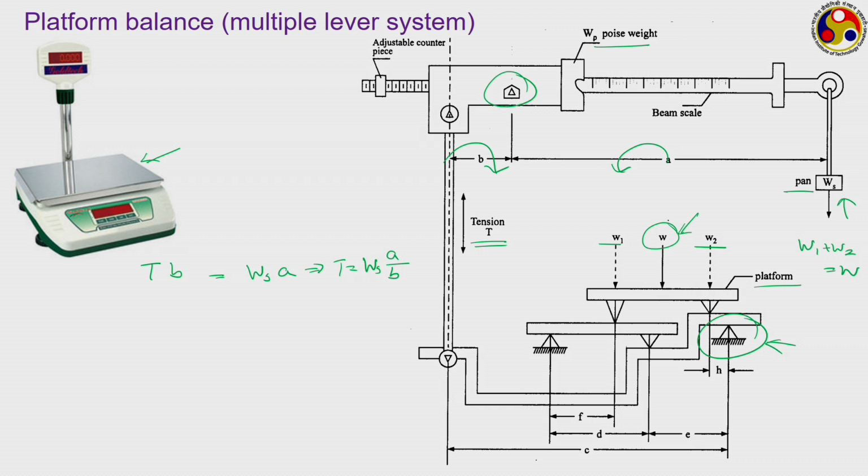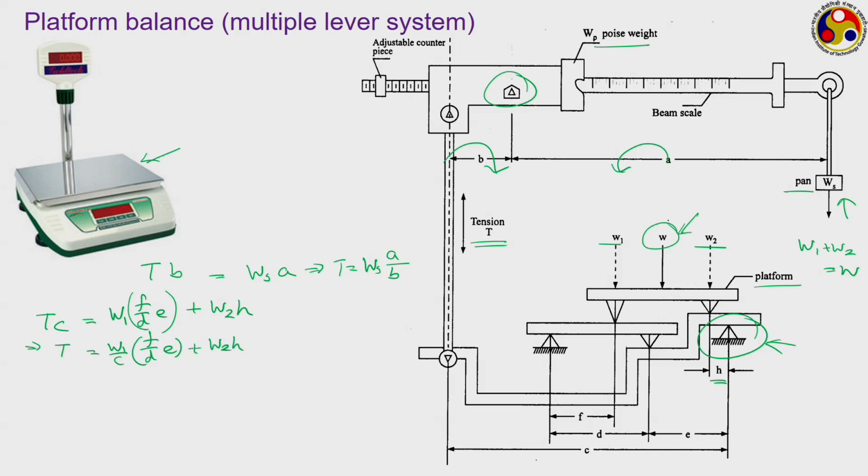So, now if we take another moment balance corresponding to this, then we have T into C on one side, and this should be equal to W1 into F upon D into E, looking at this picture, and the contribution coming from W2 is just W2 into H, H is this particular distance. So, T is equal to W1 upon C into F by D into E plus W2 into H.